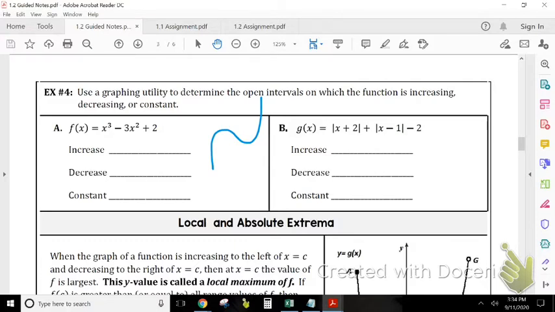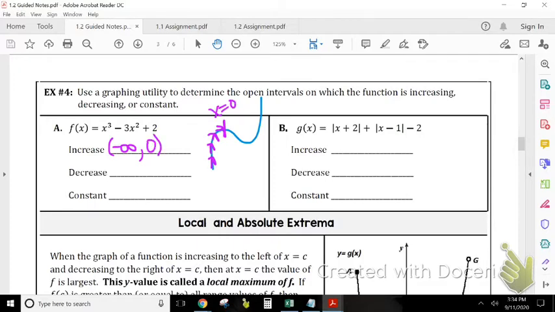And so looking at this graph, we can tell as we read it from left to right that this first part here, now we may be coming from the bottom and maybe going down to the left, but remember, we read it from left to right. So what is actually happening to this graph? It's increasing, and it's increasing from that far left x value, which is -infinity, and it's going to keep increasing until we get to this point right here where x is equal to 0.